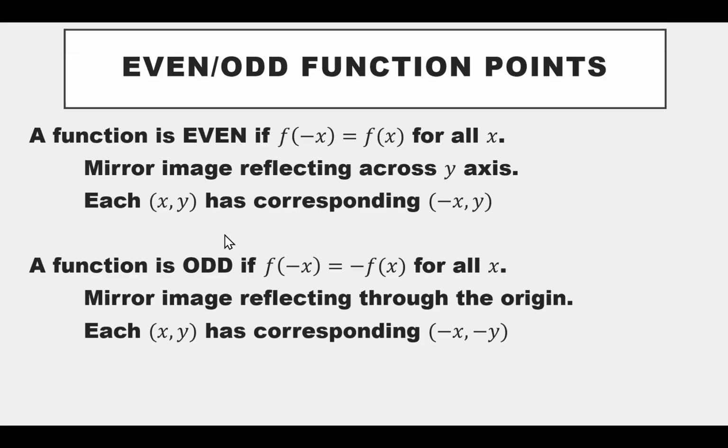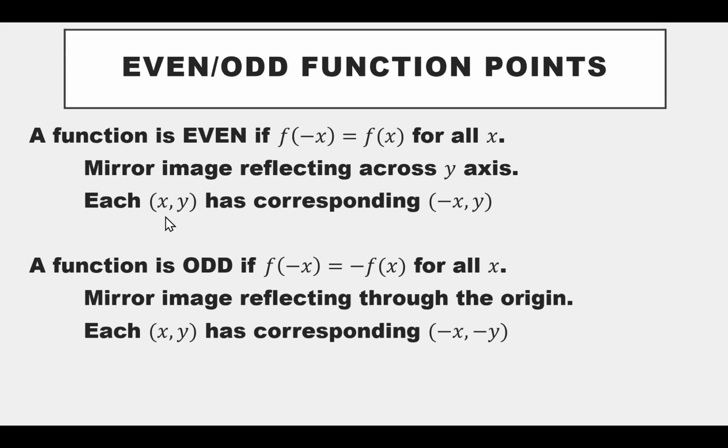The other approach would be graphically, trying to graph the function, and you could probably use technology to do that, and see if the function is a mirror image of itself reflected across the y-axis. If it is, then it's even.